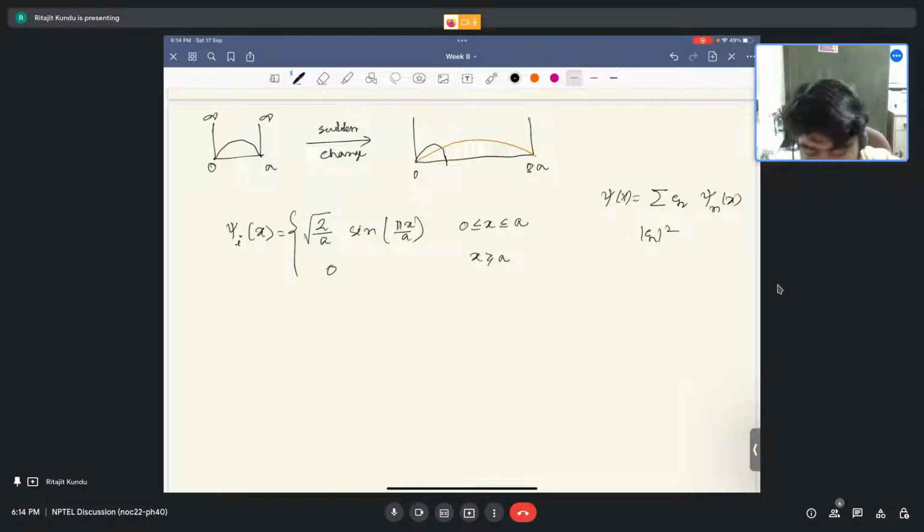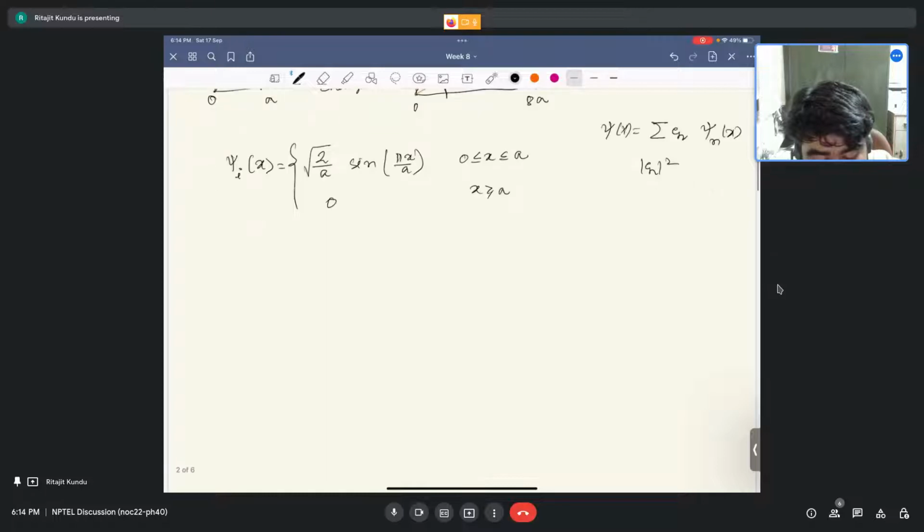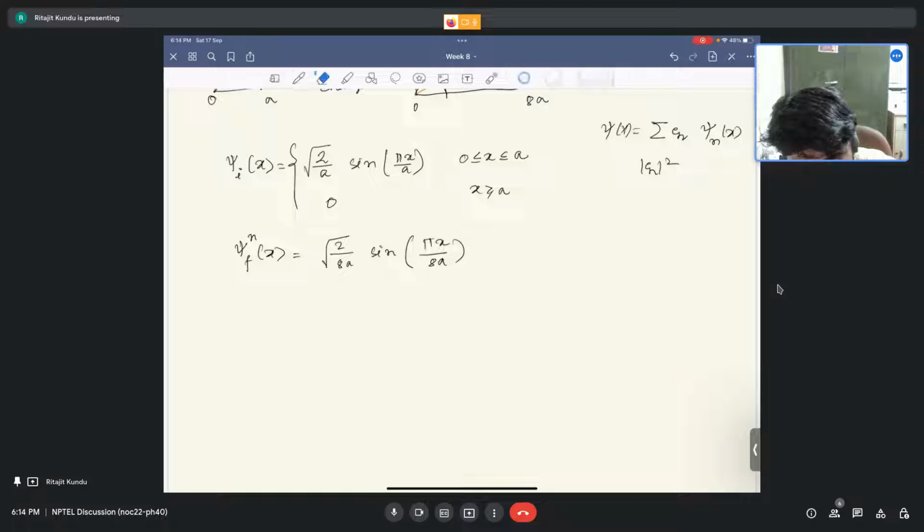So what we want to find is, first of all, our new states are given by square root of 2 by 8a, sine pi x by 8a. Let me also mention the n quantum number, so this is sine n pi x by 8a, right?